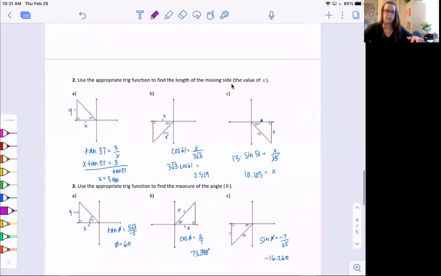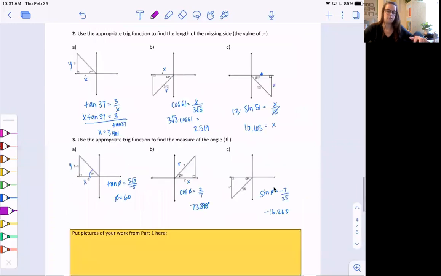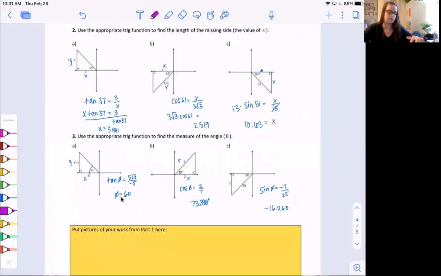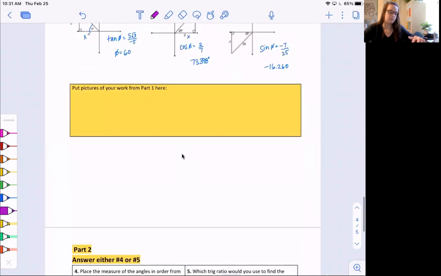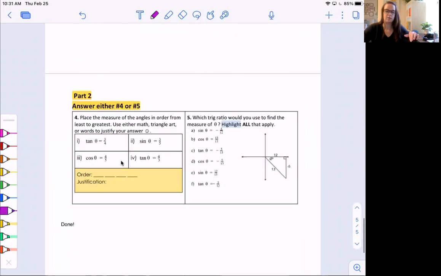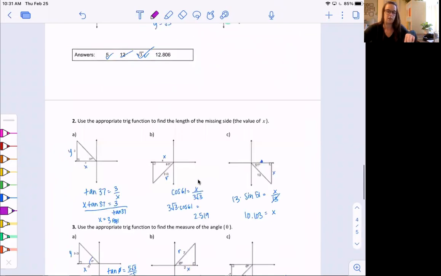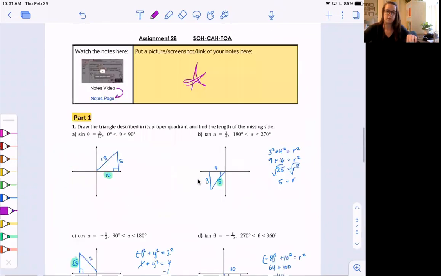Number 2, exactly like example 2. Number 3, exactly like example 3. You're going to post your work here. And then the last piece, as we've talked about, numbers 4 and 5, you're either doing 4 or 5, but as we've been talking about, part 2 is trying to stretch your brain a little bit, right? So you might feel a little less confident on 4 and 5, but numbers 1, 2, and 3, you should be good to go. Okay.